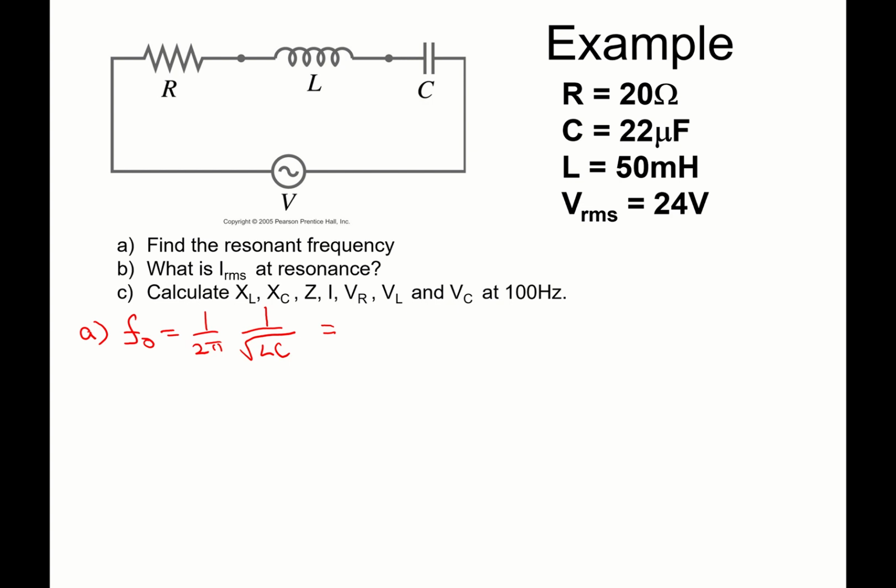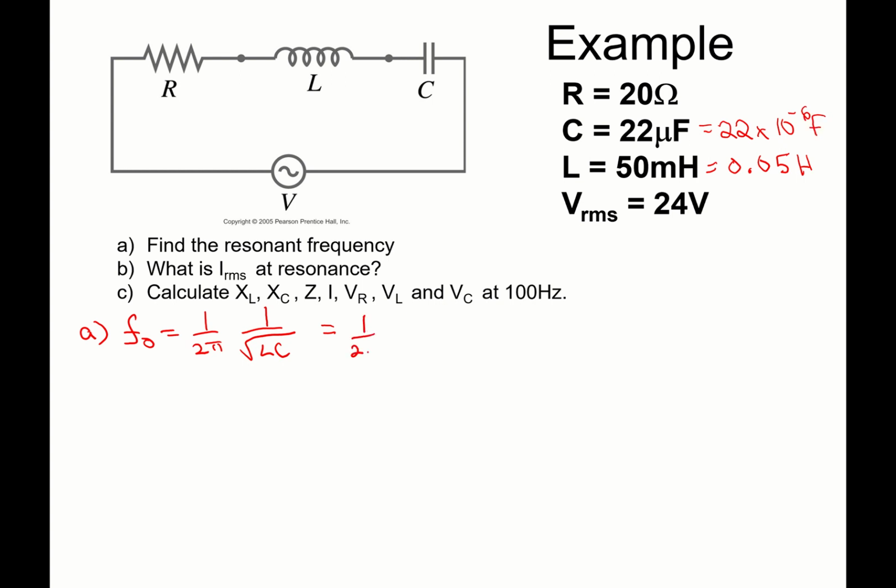So 50 millihenries is 0.05 henries, and the capacitance, sorry, 22 microfarads is 22 times 10 to the minus 6 farads. So that's what I have to put into my equation.